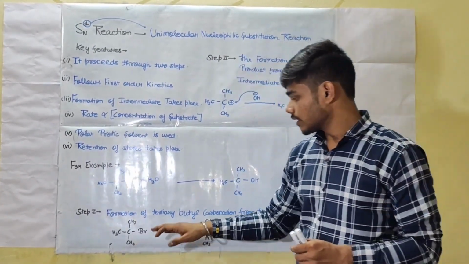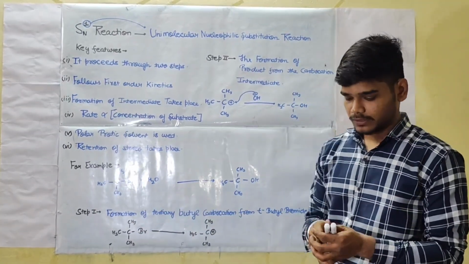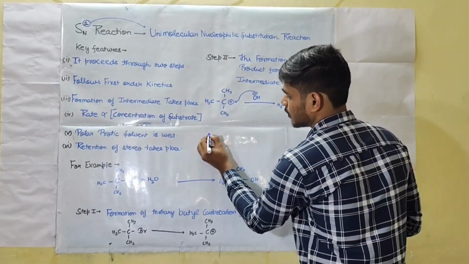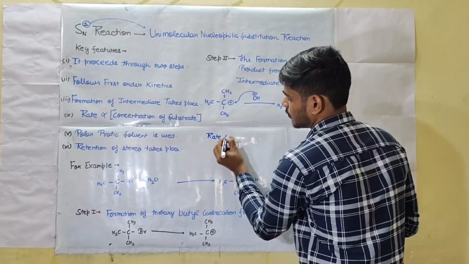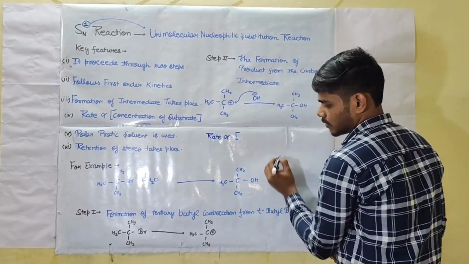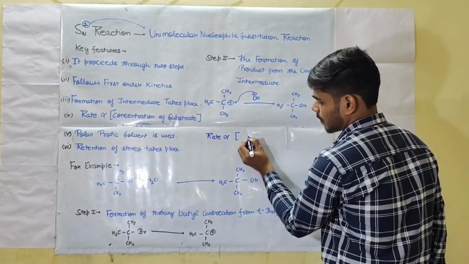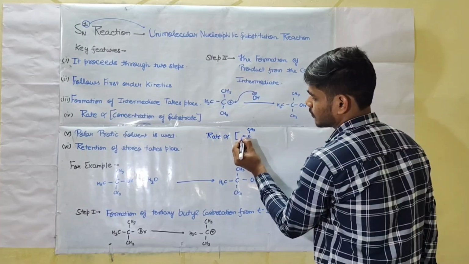So if we write the rate of reaction for this example, rate is directly proportional to the concentration of tertiary butyl bromide.